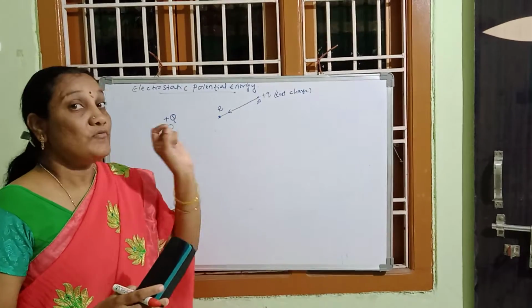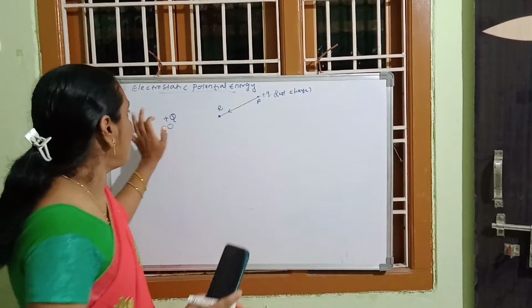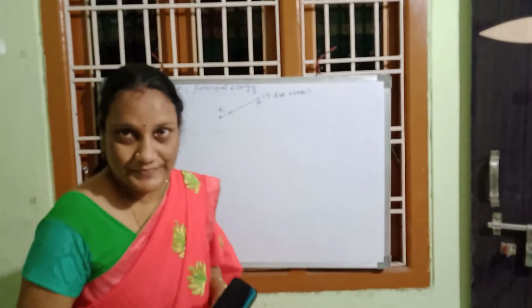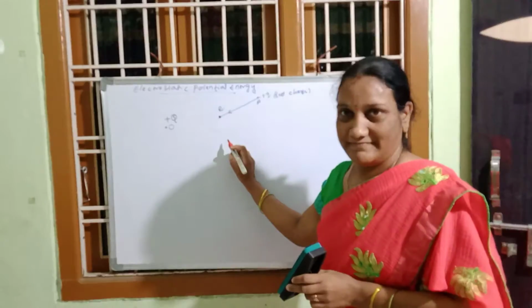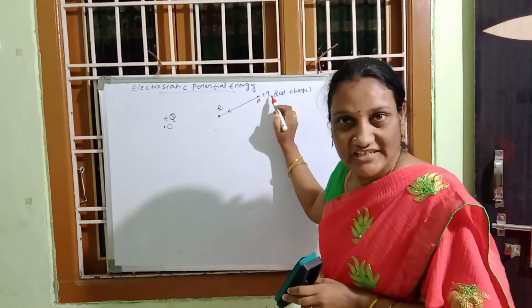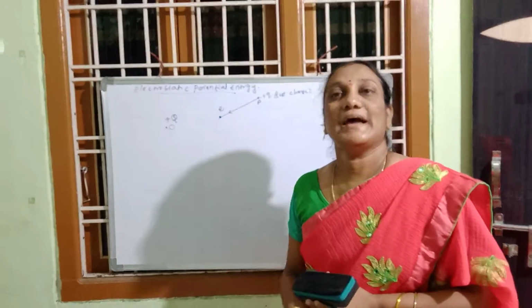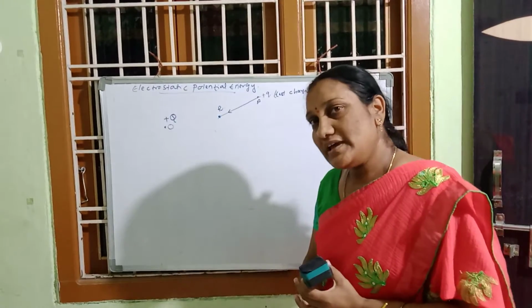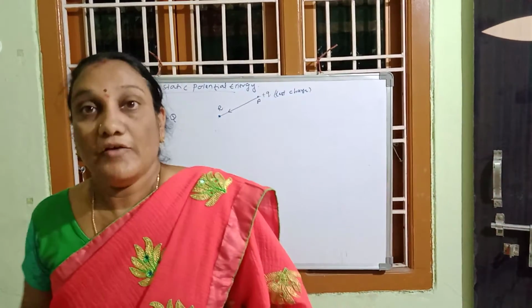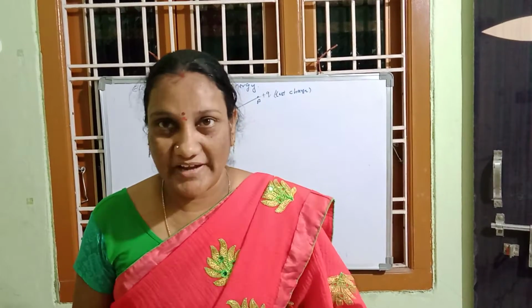There will be a force of repulsion between both positive charges, between this test charge and this capital Q charge. So against this force of repulsion we have to bring the test charge towards the reference point.